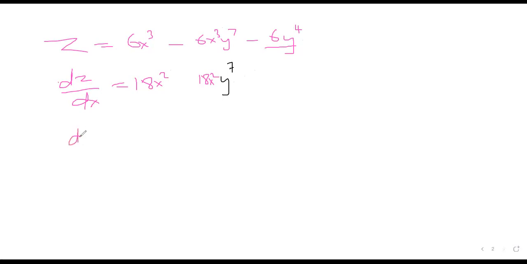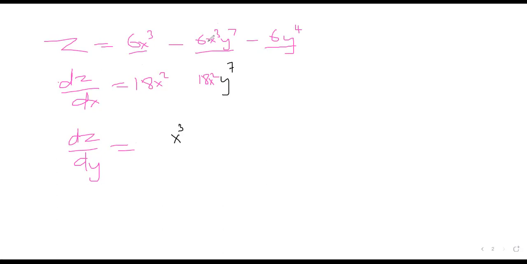So we can now go to differentiating dz against dy. So here, do we have a y? No. Here, do we have a y? Yes. So this x will only survive on the assumption that it is multiplying. So x^3, we'll leave it as it is. So we're going to remain with minus 6y^7.